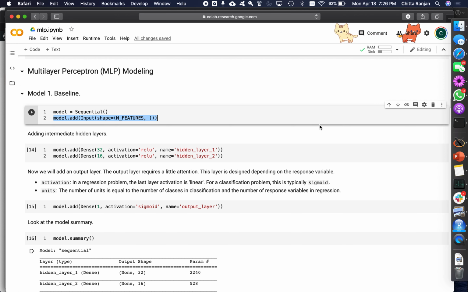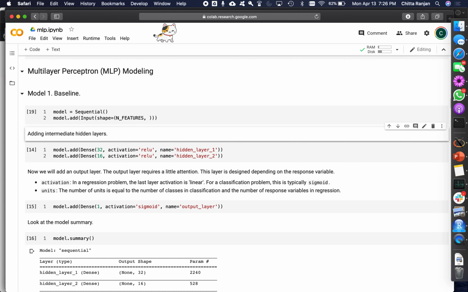And that is what we have put here. I recommend you refer to figure 3.2 in the book while we are building this model. So for the input layer, you just tell the shape, the number of features in your sample, which we have set to n features here.